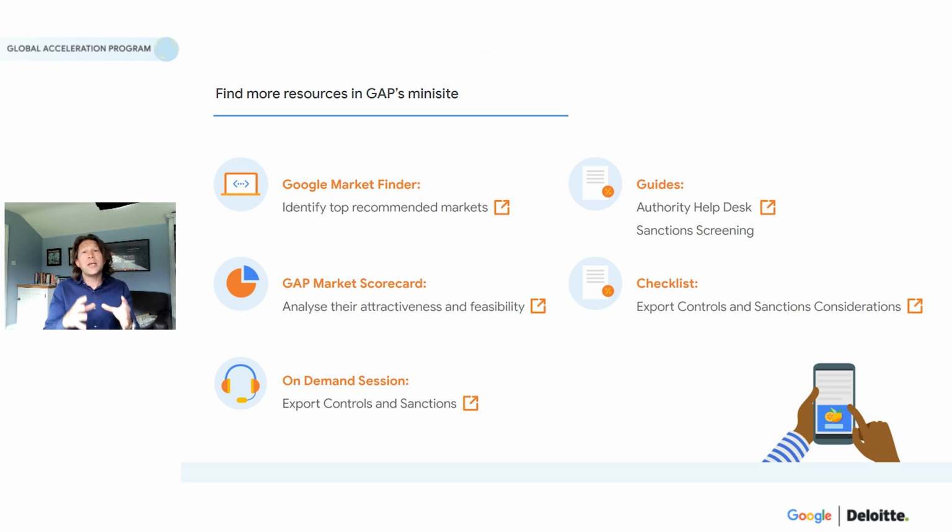That's not live, but it provides some great insight from Erica from Deloitte, who'll be helping talk us through and give us some really practical advice in terms of export controls and sanctions. So if you think that's going to be quite a key part, and maybe quite a key hurdle, as Marco was talking about, in terms of your own go-to-market strategy, then that's definitely an on-demand video I'd recommend. And there's also an awful lot of other guides and checklists that Erica has put together on that very subject.